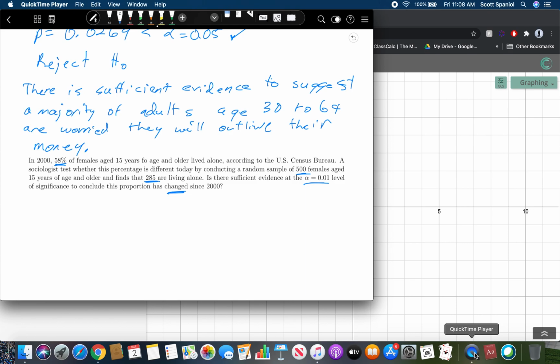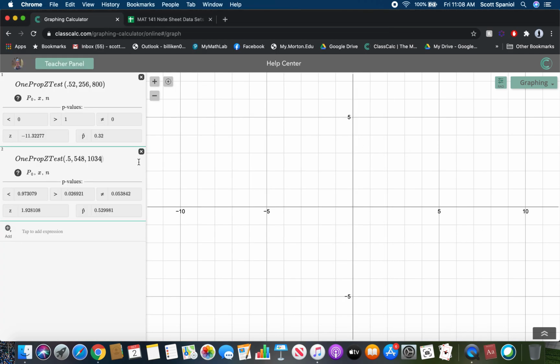Okay. So p equals 0.58 is our null hypothesis. Our alternative hypothesis, we're doing change, so that's not equal to 0.58. Okay, so now we can do the calculation. So 0.58, and I forgot to write down the other ones.